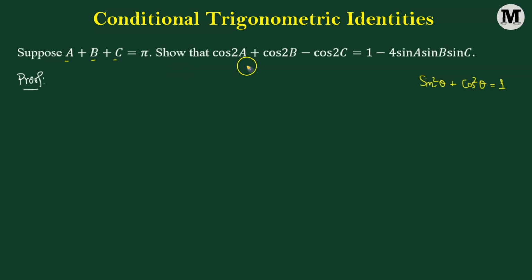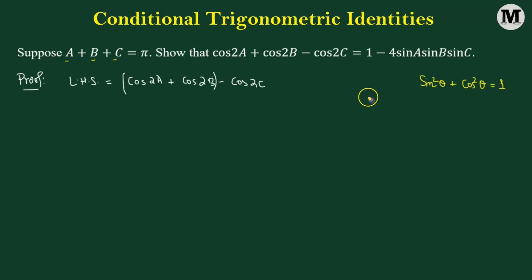Now we're going to start from our left hand side, where we have cosine of 2A added to cosine of 2B minus cosine of 2C. We first need to add the first two terms, cosine of 2A plus cosine of 2B.